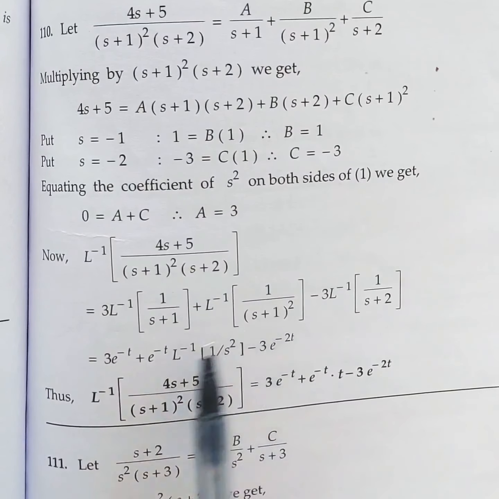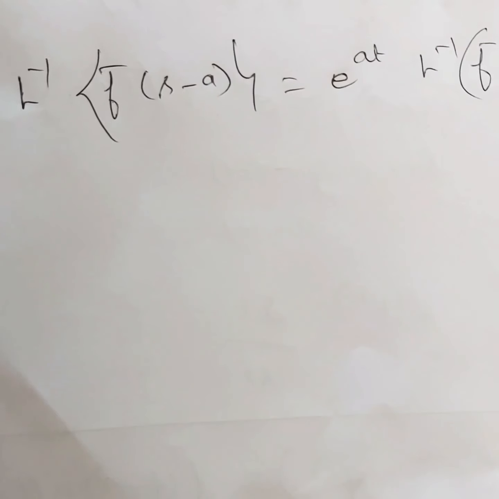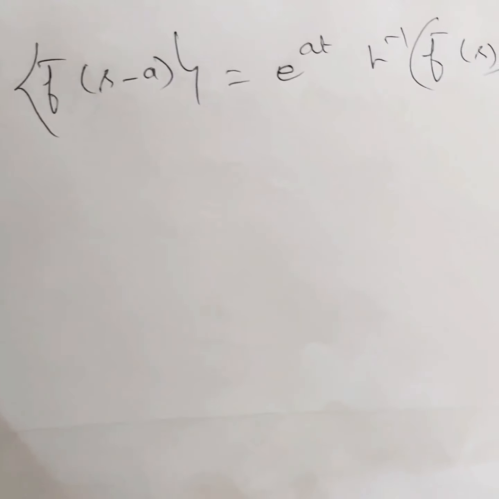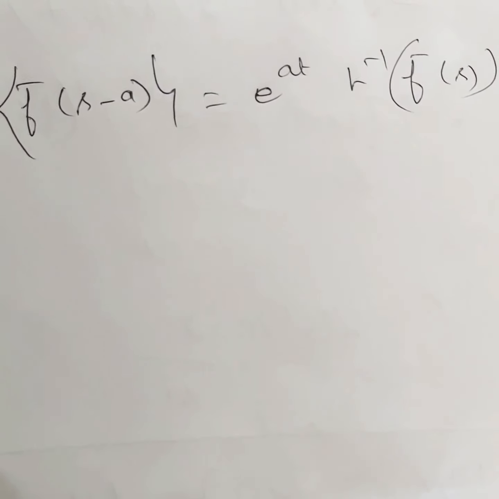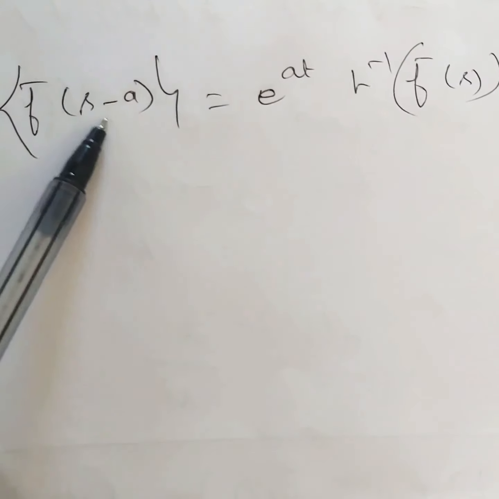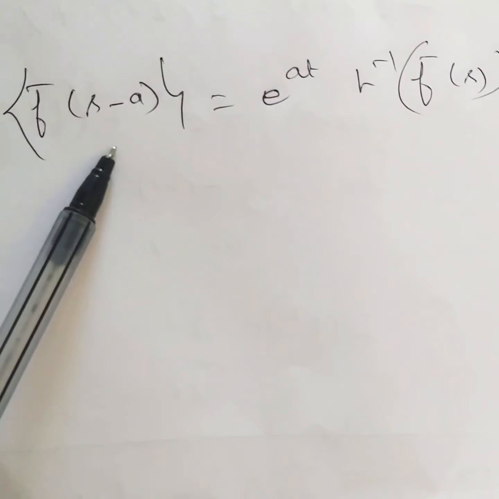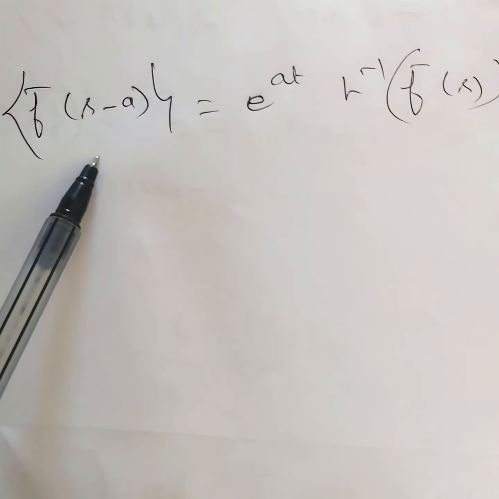Here I told you if plus sign is there, write minus, because we are using the property Laplace inverse of f bar of s minus a is equal to e power at into Laplace inverse of f bar of s. This property we are using, that is what I told. Here s minus a is there means then you write e power plus at. If s plus a is there, you will write e power minus at, just opposite sign.